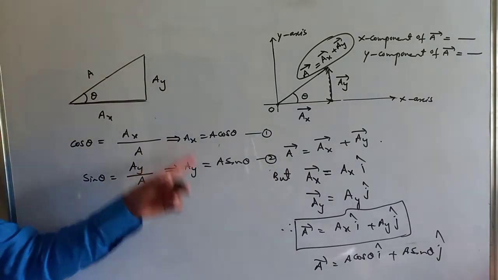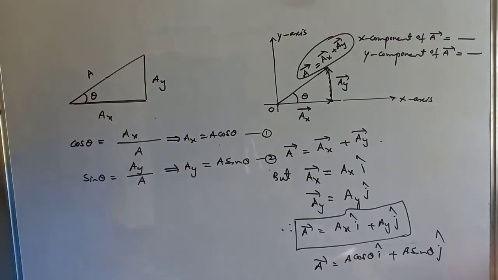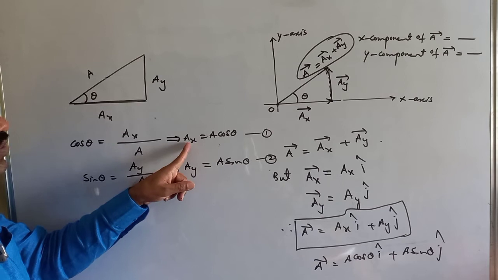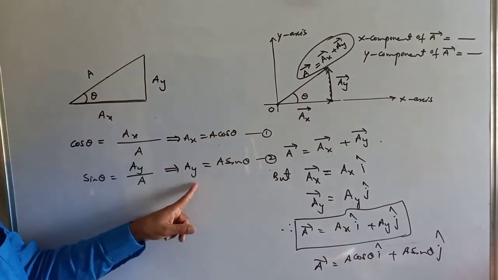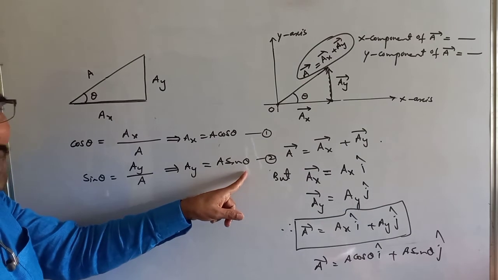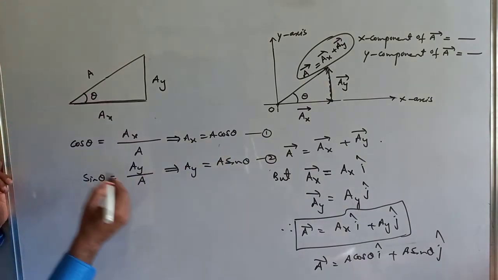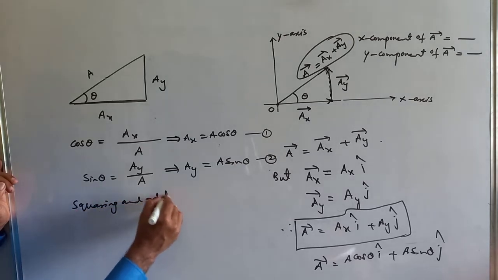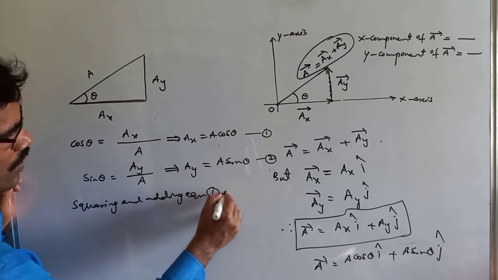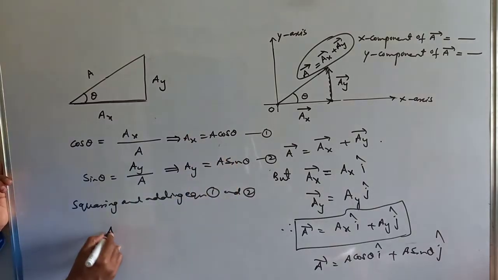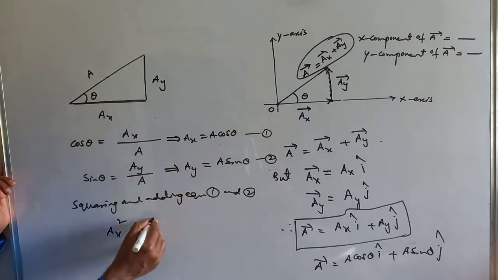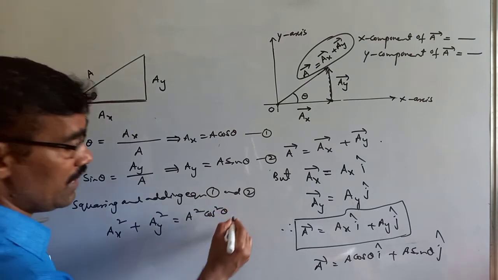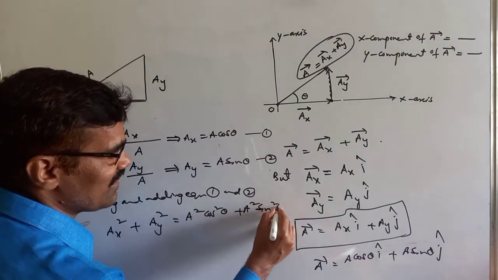I want the magnitude of A in terms of Ax and Ay. From equation 1, squaring, Ax square is equal to A square cos square theta, and Ay square is equal to A square sin square theta. Squaring and adding equations 1 and 2, on the left side Ax square plus Ay square, and on the right side A square cos square theta plus A square sin square theta.